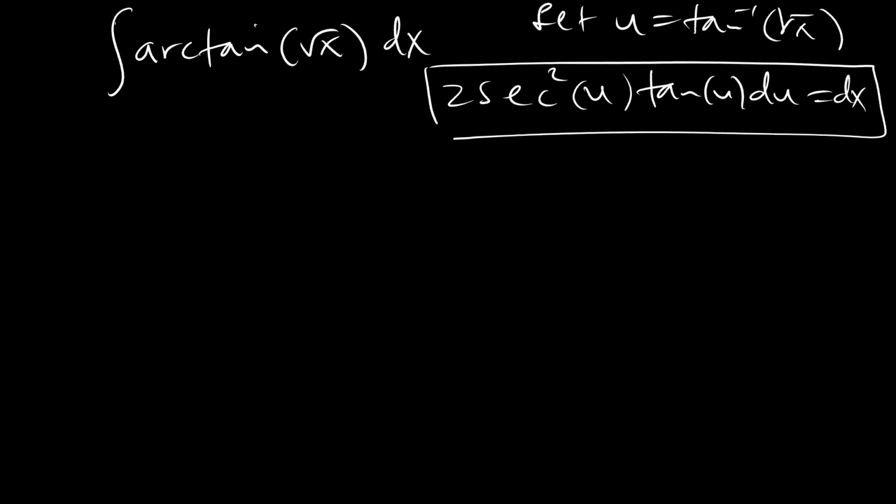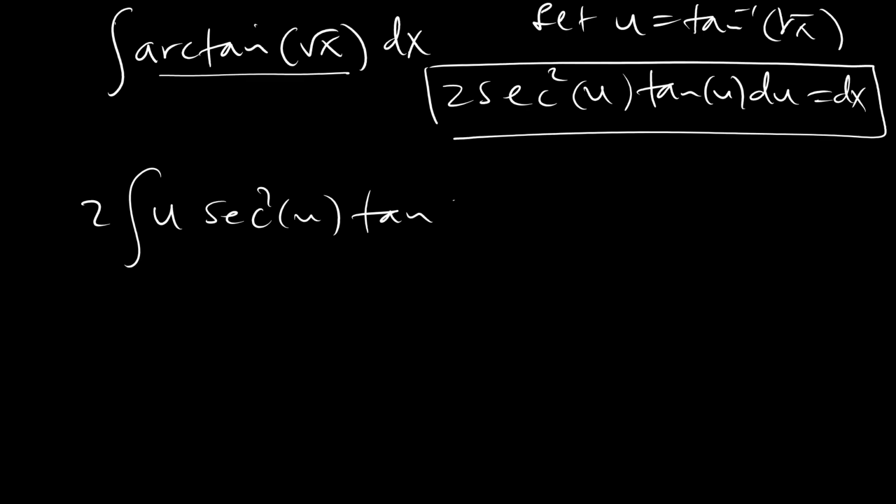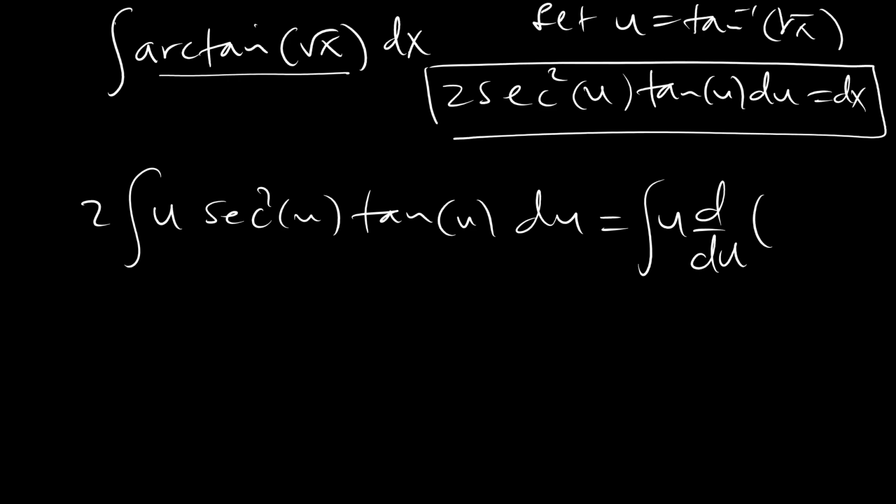That means that our integral becomes u secant squared of u tangent of u du, which means that we have u times the derivative of something.